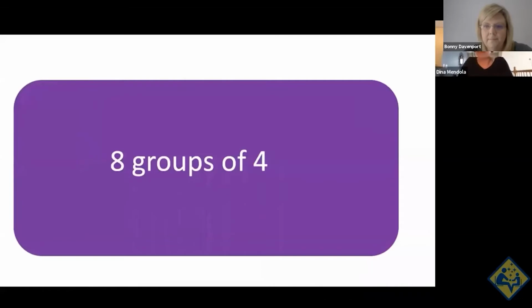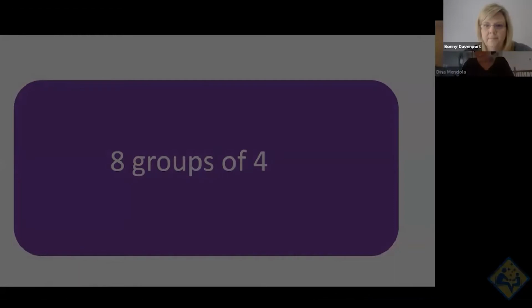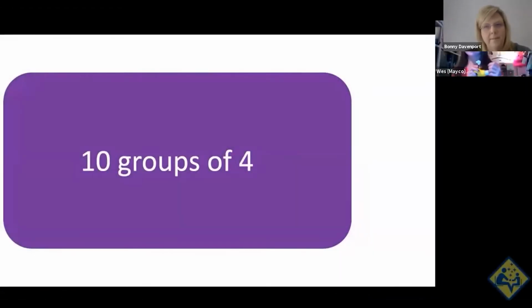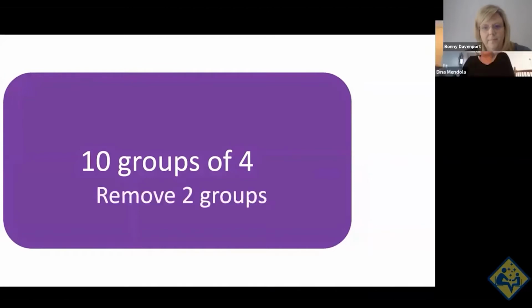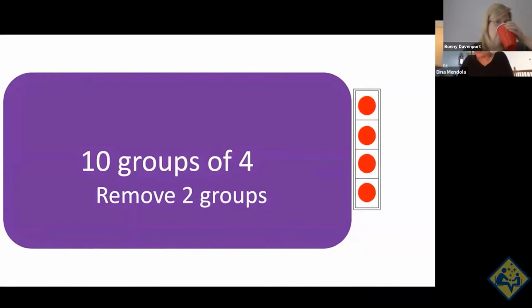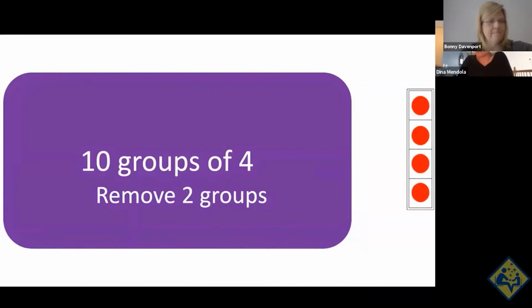I totally understand. So we had 6 under there, and you were right. Okay, this time, what if I sneak in 8 groups of those 4? All right, so here, we're going to have 10 groups of 4 under here. So how many would that be? 40. Okay, now I'm going to take 2 away. I'm taking this one group away.